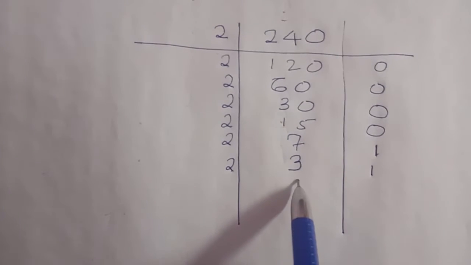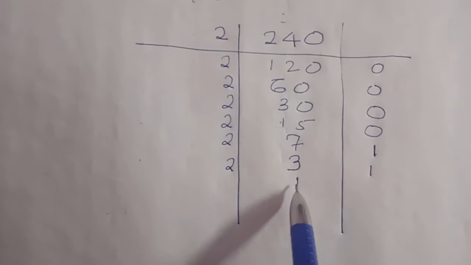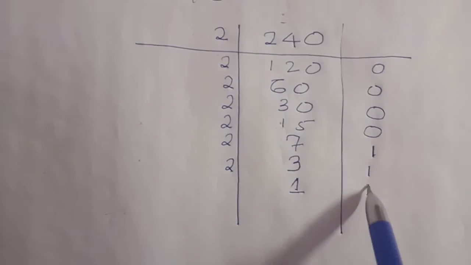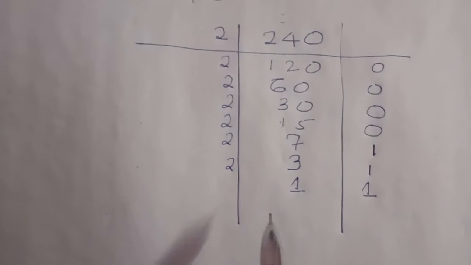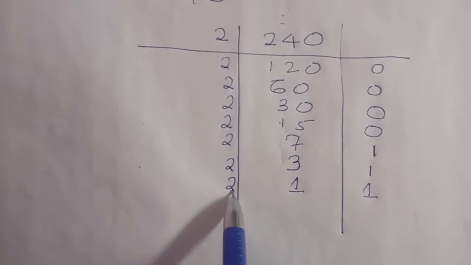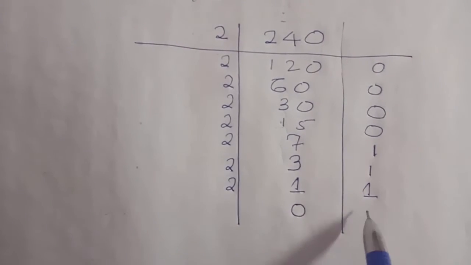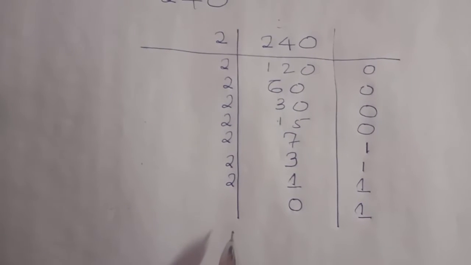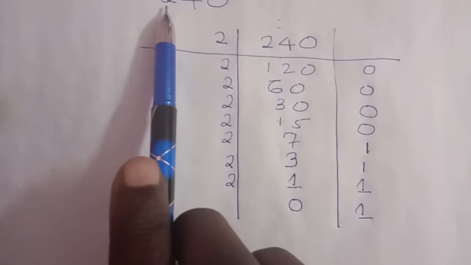You get 1 with remainder 1. Then lastly, take 1 divided by 2. You get 0 with remainder 1. Now we have ended.